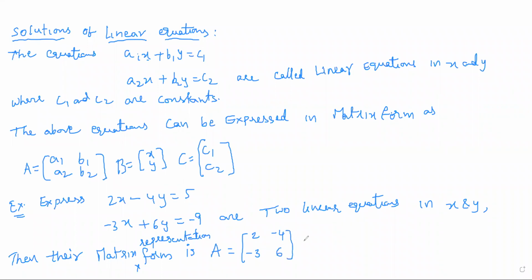This is a matrix. B is equal to the variables x and y only. And capital C is equal to right hand side constants, 5, minus 9. Okay, so this is the representation of given linear equations into matrix form.